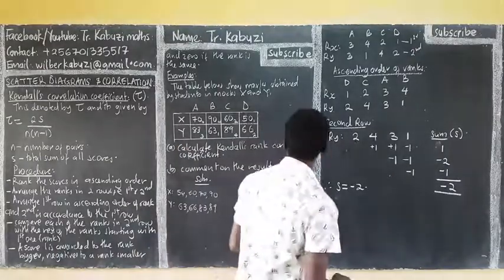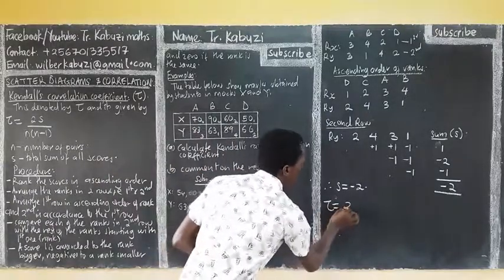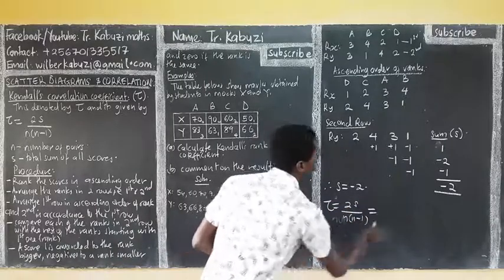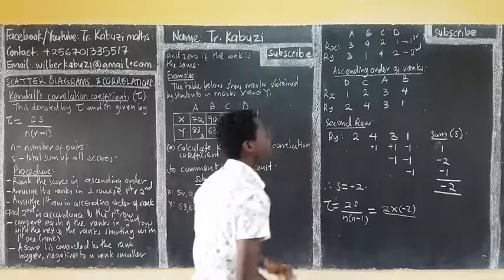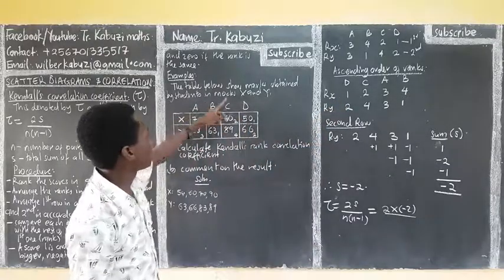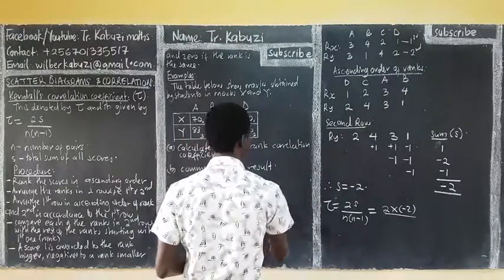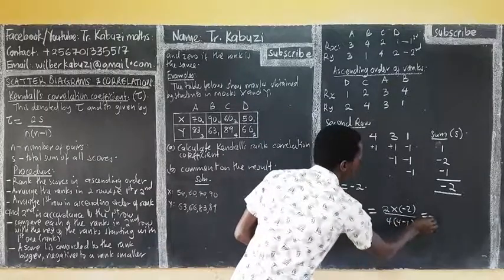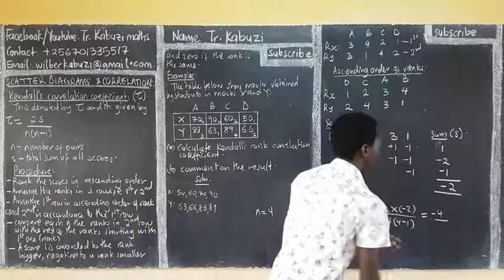So after getting our S, we compute our Kendall's tau, which is given by 2S over n times n minus 1. That is 2 times negative 2, over our n. Now, how many pairs do we have? Our n was 4, so we have 4 times 4 minus 1, which is 12. So this is negative 4 over 12.